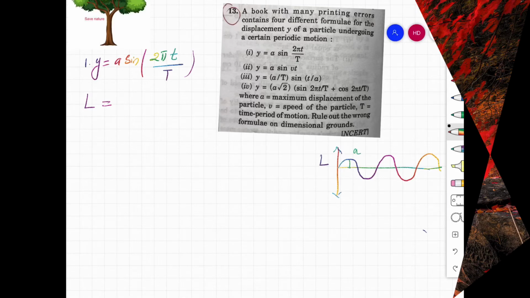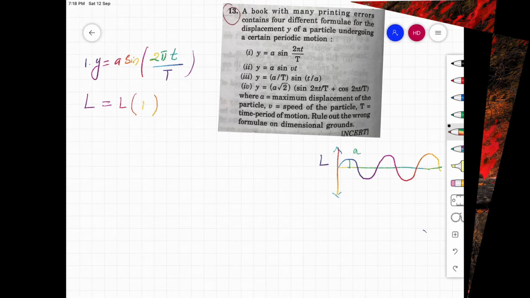So the dimension of A is L, then the dimension of sine of the angle within the bracket. As you know, the dimension of an angle is 0, no dimension. It is a dimensionless quantity. So I can write L equal to L. That means equation 1 is the correct statement.